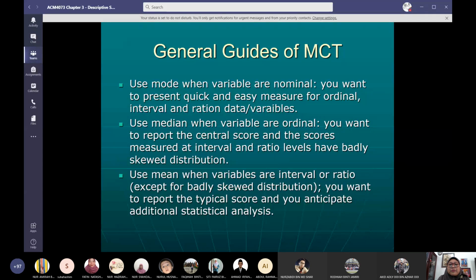And lastly, you use mean when variables are interval or ratio. You want to report the typical score and you anticipate additional statistical analysis. So this is the general guide. The table is the complete one, but this is a general guide for you to better understand why we need to use mode, why we need to use median sometimes, and why we need to use mean many times.